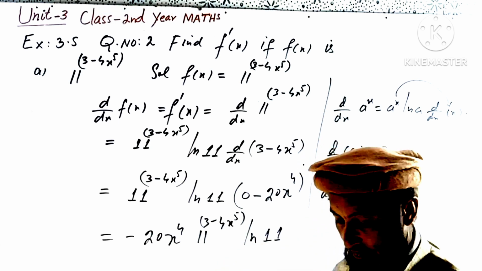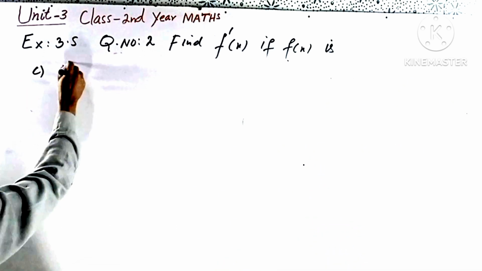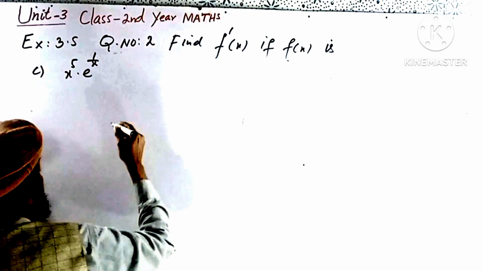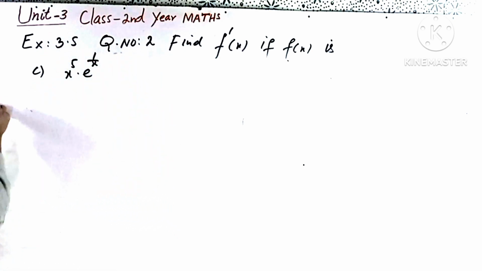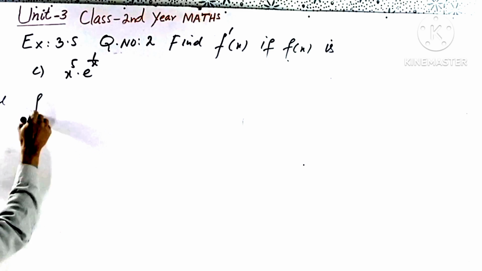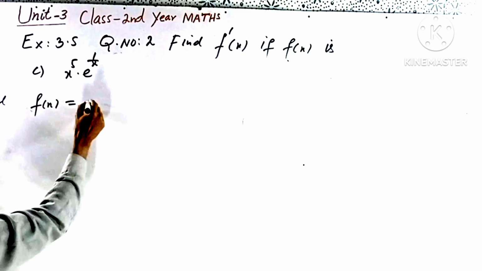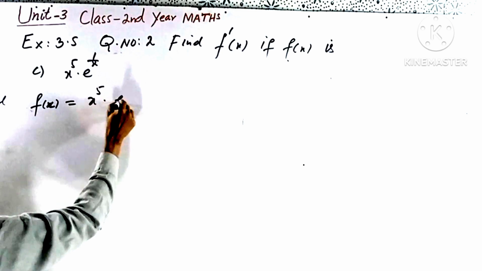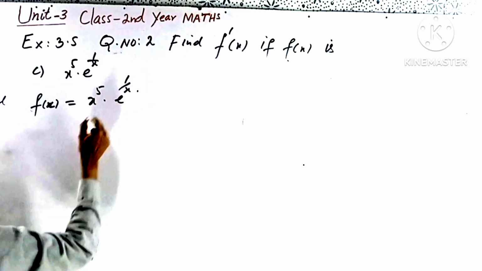That is the answer. Next, x power 5 e power 1 over x. Now we can differentiate; solution to the start here. f of x is given as x power 5 e power 1 over x.